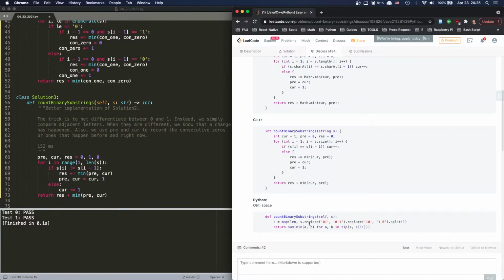So I'm gonna replace 0, 1 with, we're just adding empty space between, and then we're gonna split. So that's gonna be 0, 1, 1, 1, 1, 1, 1, 1.